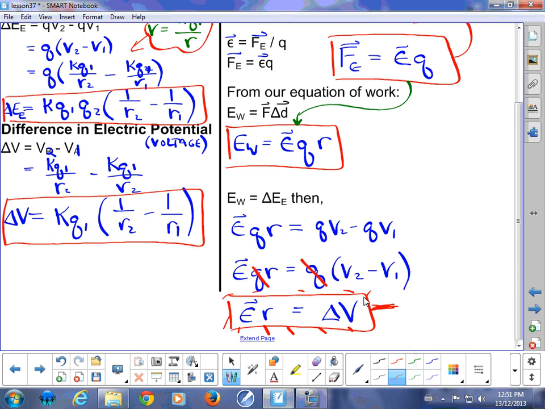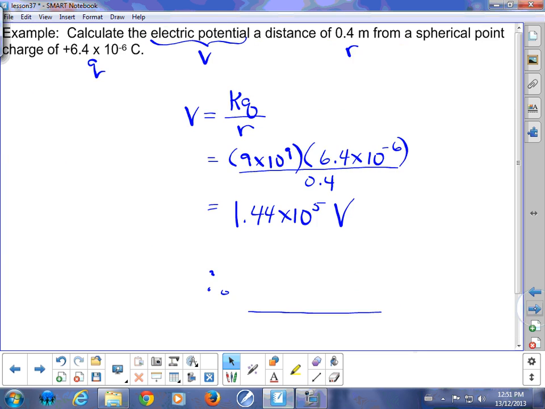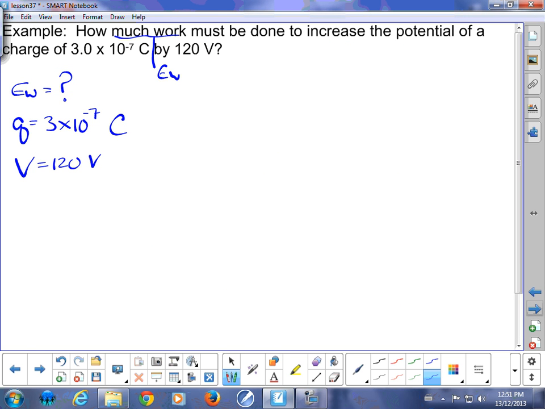So when we want to use our work formula, returning to the example here, we want to find EW, and the equation that you're given from the note is electric field strength multiplied by charge multiplied by displacement. But we know that electric field strength multiplied by the radius, I'm going to have to rearrange that, ER multiplied by Q, is actually, from the previous formula, just the change in voltage or the increase in voltage.